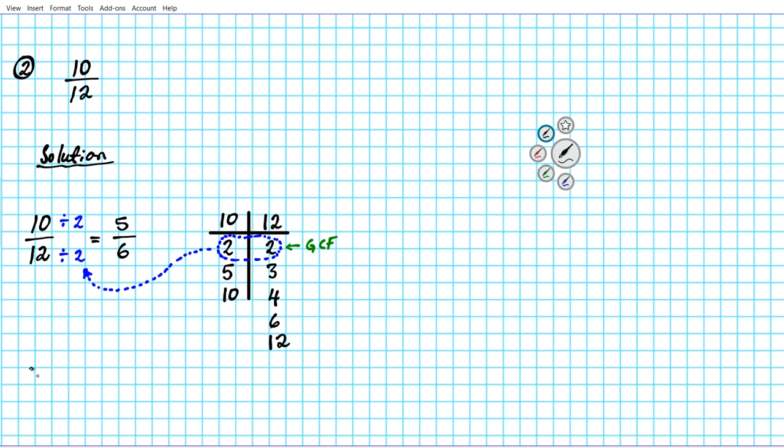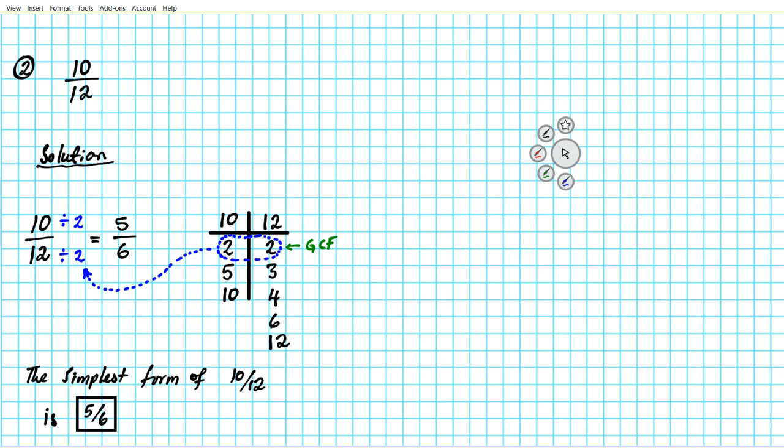So the simplest form, which is the same thing as the completely reduced form of 10 divided by 12, is 5/6. Ladies and gentlemen, that is our final answer.